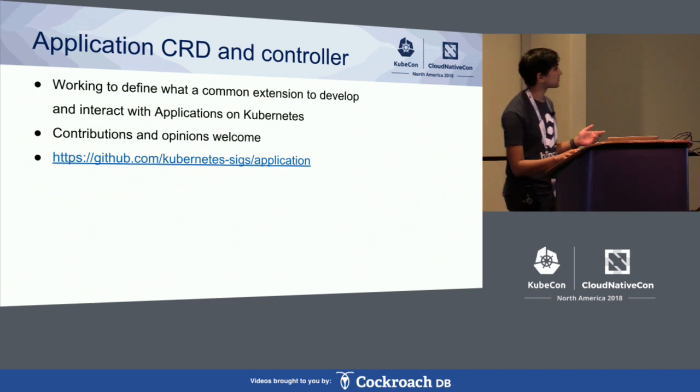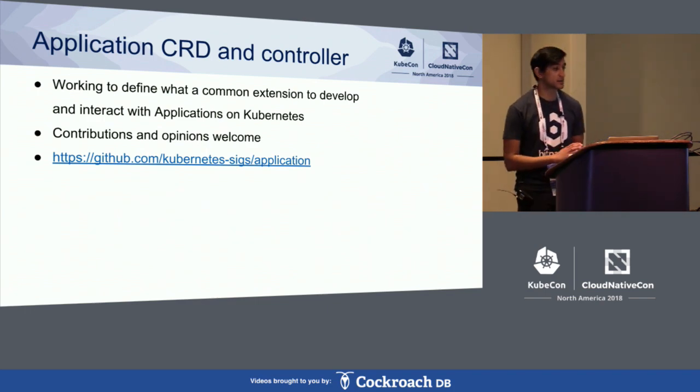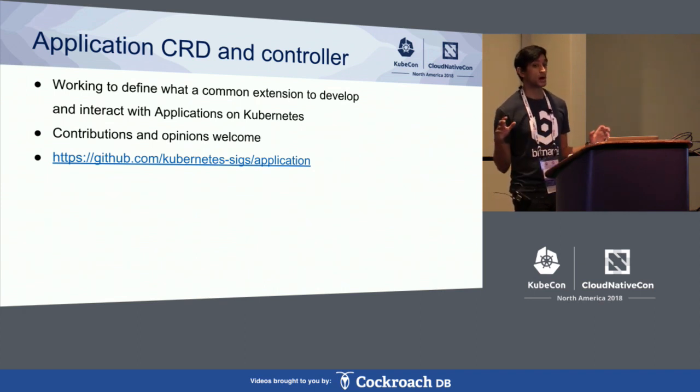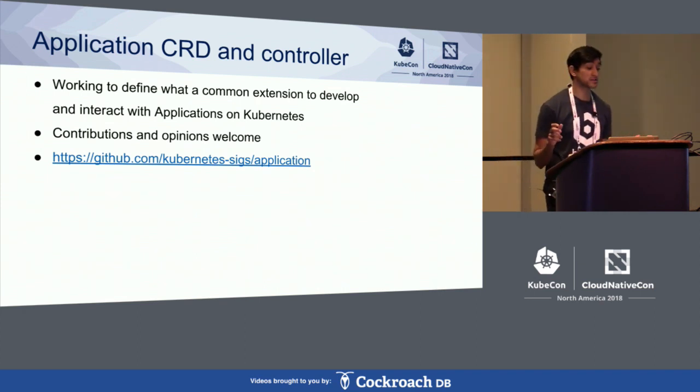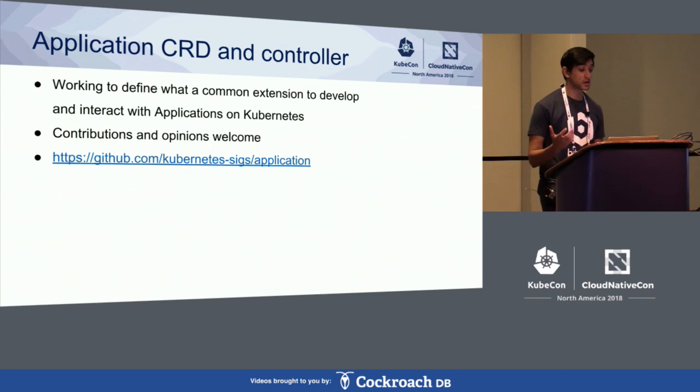So I briefly mentioned the application CRD and controller. The idea of this project is basically to define a common API to understand what an application is within Kubernetes. And I should make clear here that the application CRD is not going to be responsible for deploying applications. It's more just to give a representation of what applications are installed in the cluster.